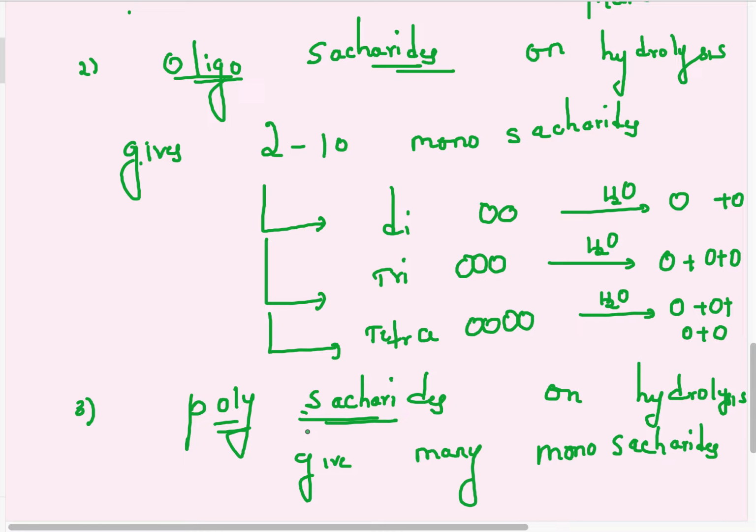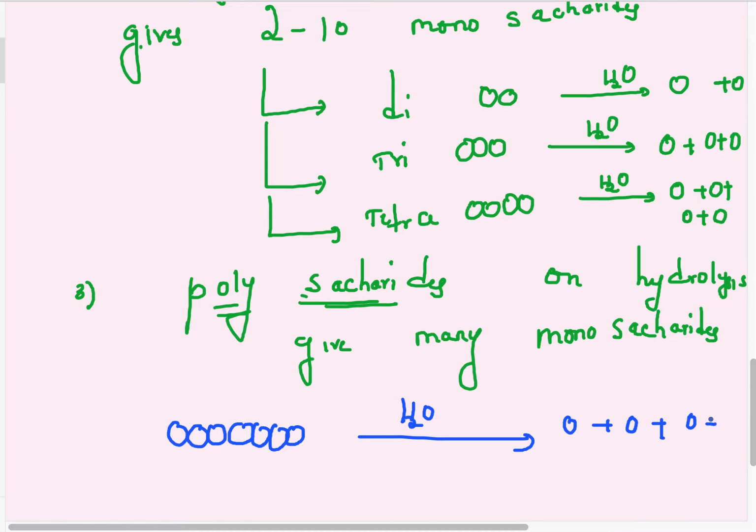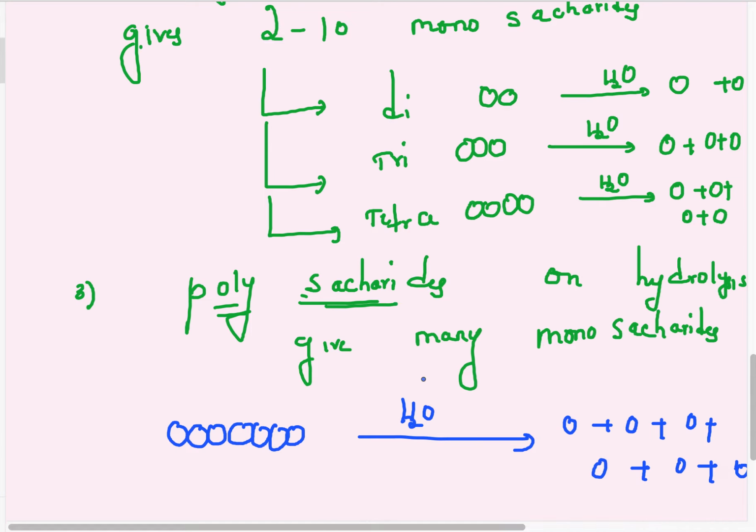That's it. If you want to show a diagram, yes, you can show. This is poly. Poly is nothing but many. Hydrolysis: 1, 2, 3, 4, 5. So you can write many, so many you will get. Okay. This is about the introduction part of the biomolecules.